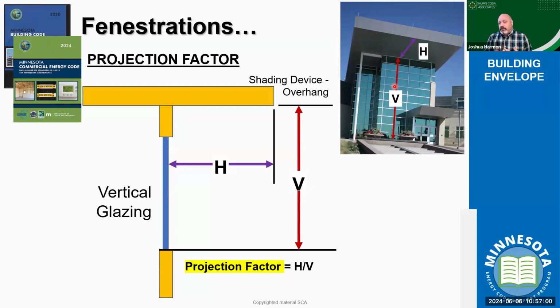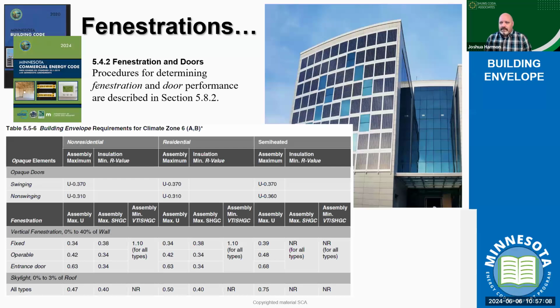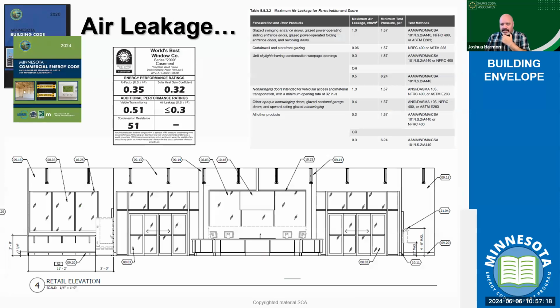That shading is not going to prevent air leakage, but it is going to affect how much direct sunlight the building would get. Sometimes we'll see some of those values come out in different calculations, especially in different software when we look at performance measures. When we're thinking about air leakage, we're looking at how all these windows are going to operate.